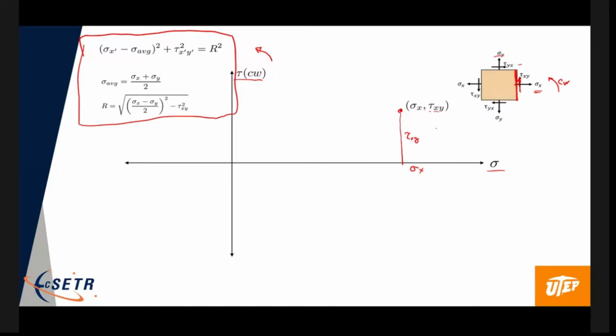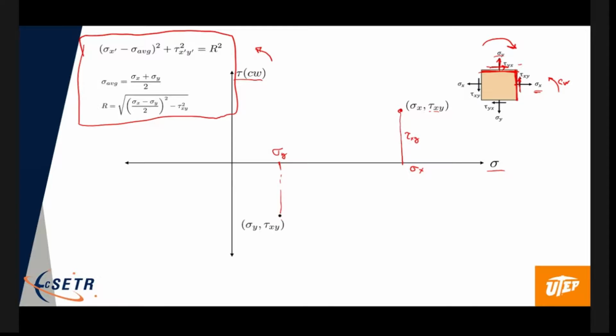All right, now let's go to this top face, and I'm going to plot another point. Again, the y is also a positive stress. Let's assume it's less than sigma x. So this value here is sigma y. And same shear stress, but on this top face, it wants to rotate the cube in a counterclockwise manner.